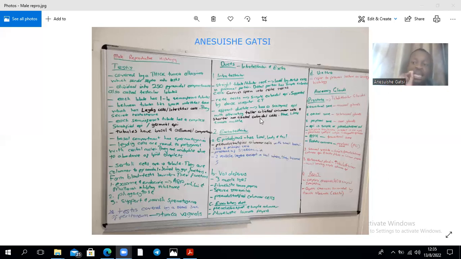The shorter non-ciliated cuboidal cells are the ones that help in phagocytosis or absorption, or maybe reabsorption of sperm debris along their movement. Right? And there's little smooth muscle supporting the efferent ductules.